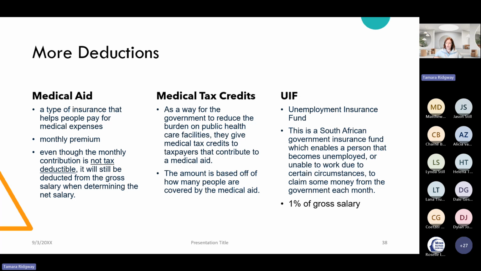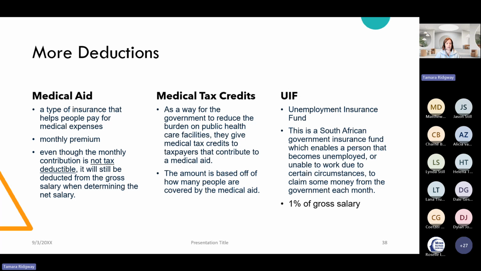Medical aid, this is just a discussion. They need to know that when you're working out your tax, the medical aid does come into it. So what is medical aid? It's a type of insurance that helps people pay for medical expenses.